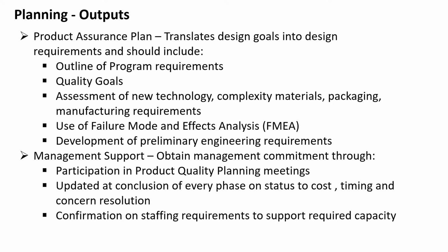These are all things we need to consider for the quality assurance planning. So next thing is management support. Obtain management commitment through participation in product quality planning meetings, updated at conclusion of every phase on status of cost, timing, and concern resolutions, and confirmation on staffing requirements to support required capacity.